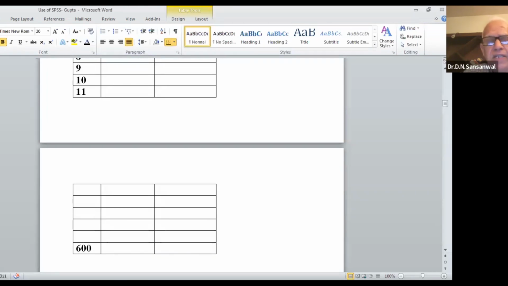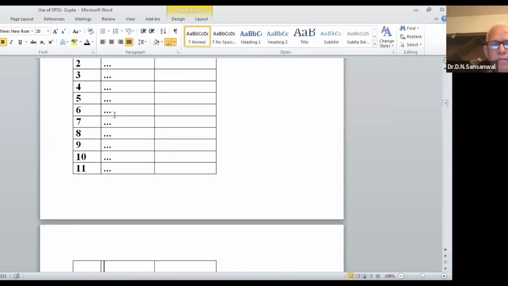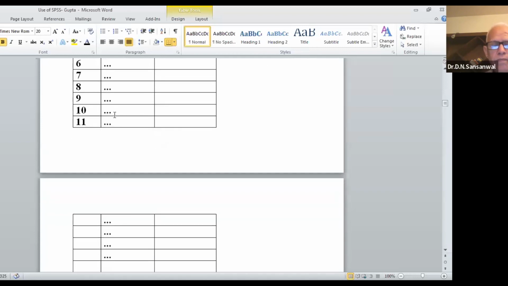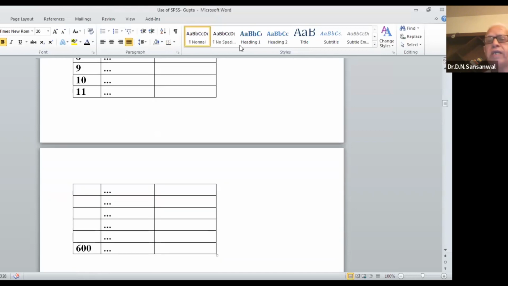In some places you administer it in the morning session, and in some you administer it in the evening session. And then you can do the scoring. So you will be having the scores here.